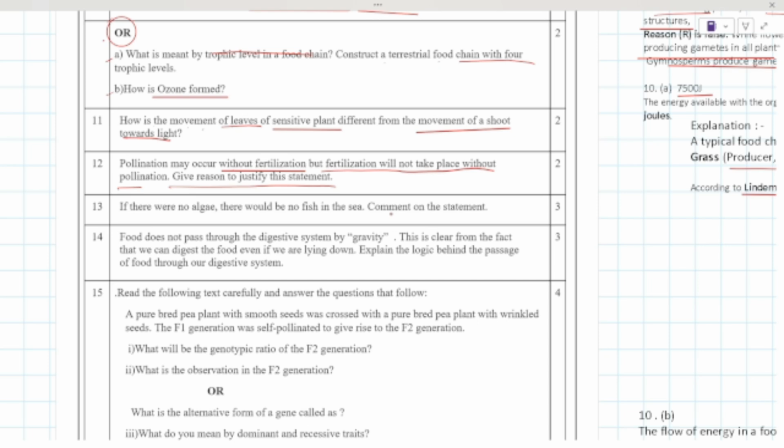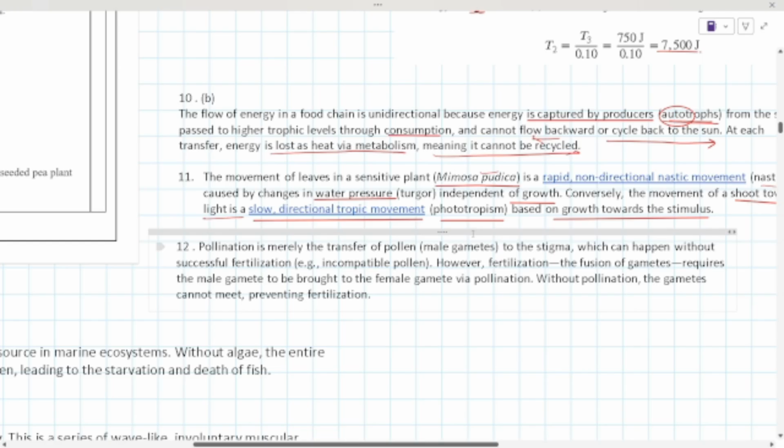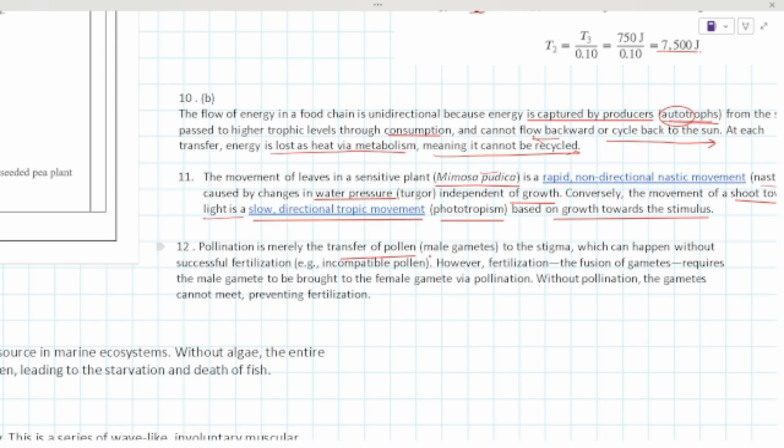After this, fertilization occurs. That's why fertilization is not possible without pollination. Pollination is possible without fertilization, right? Now let's see the explanation. In detail, pollination is merely the transfer of pollen, which you told, the male gametes to the stigma.